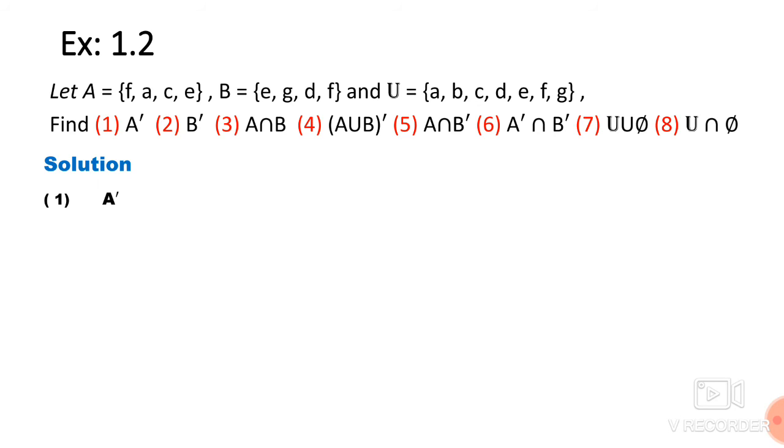According to the formula, A complement is equal to universal set minus set A. Writing the sets, A complement is equal to universal set A, B, C, D, E, F, G minus set A, F, A, C, E. Keep in mind that A complement is equal to universal set minus set A, not A minus universal set.